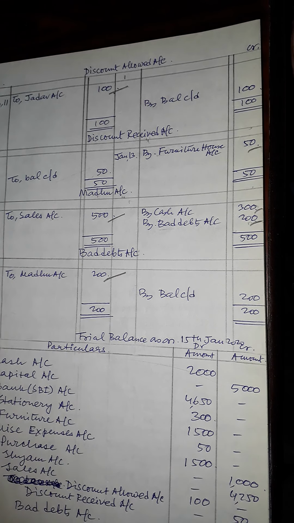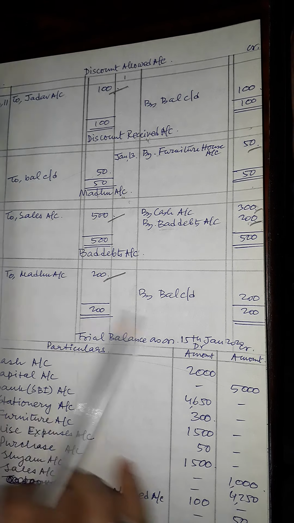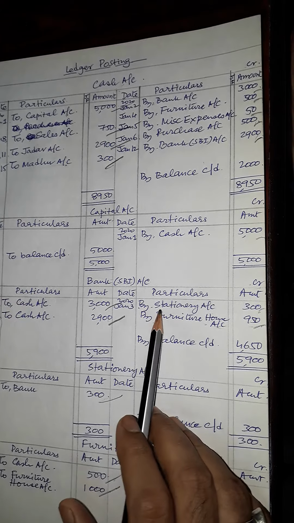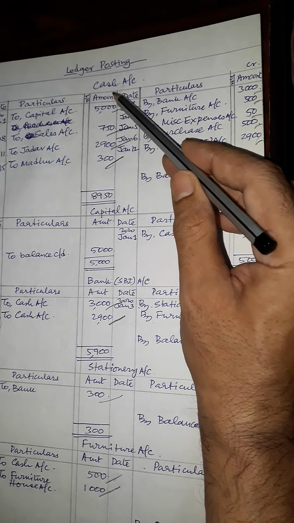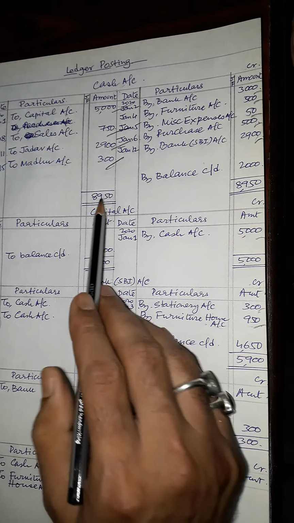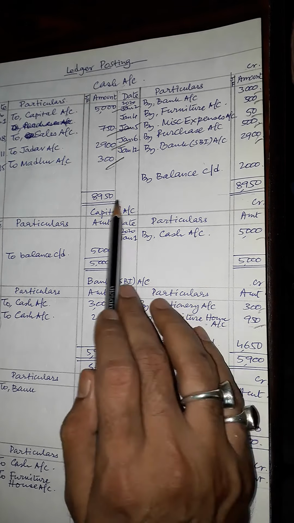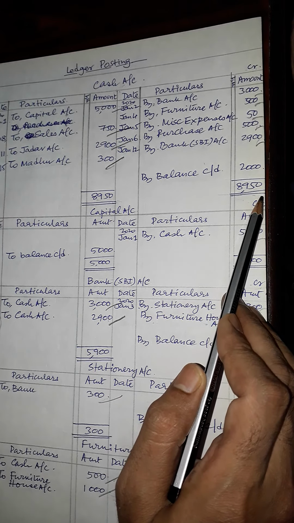So after the end of all the journal entries, we will balance these accounts. How to balance these accounts? First, we have to make a total of both sides of each account.